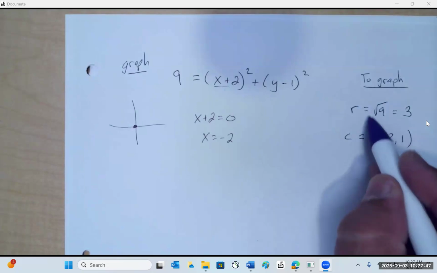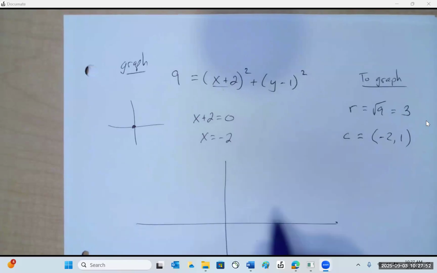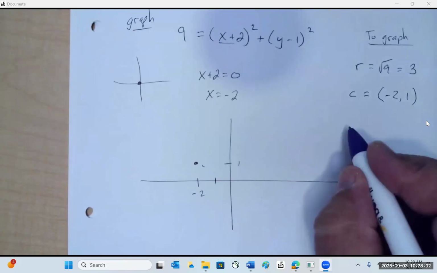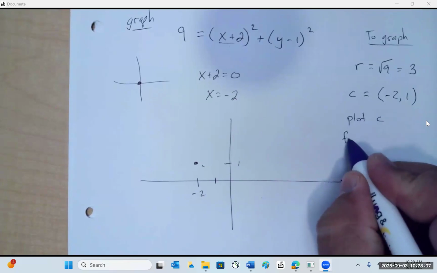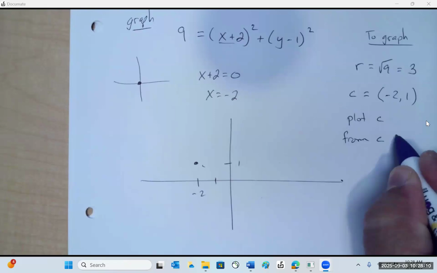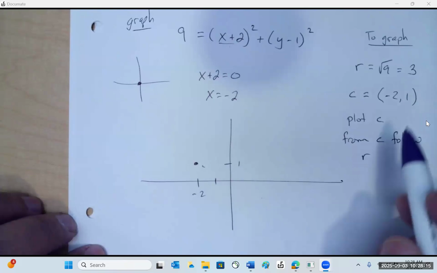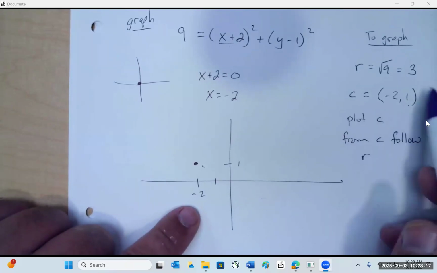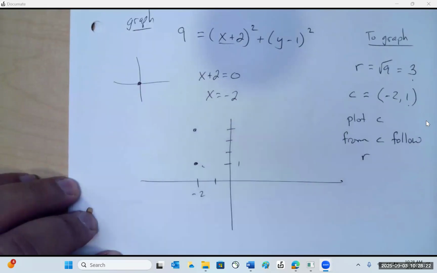So now we have the radius and the center. Plot the points, plot the center. Plot C. Now, from C, follow R. My center is at negative 2, 1, and my radius is 3. So I go up 3, put a dot.